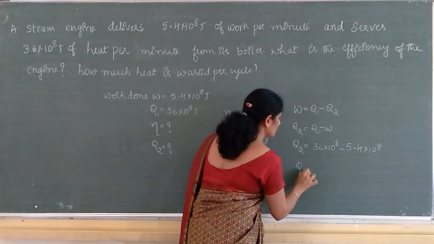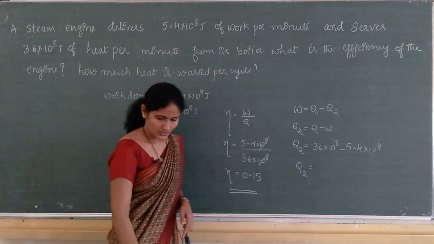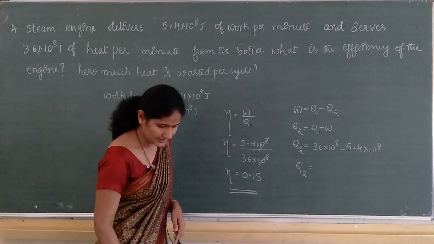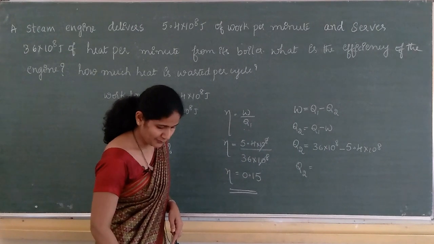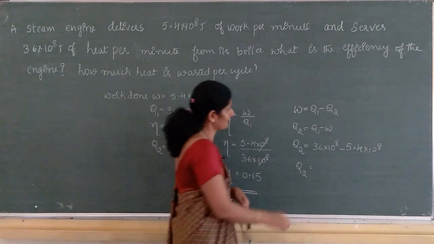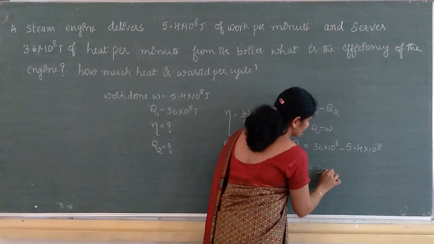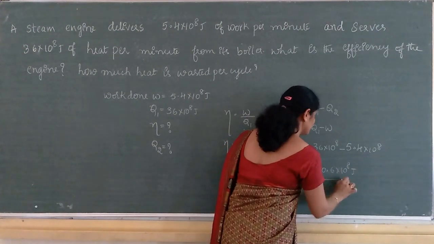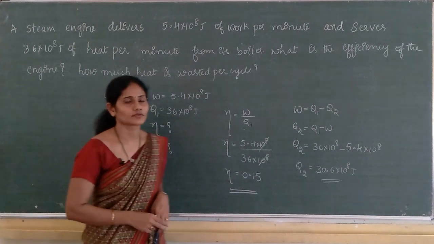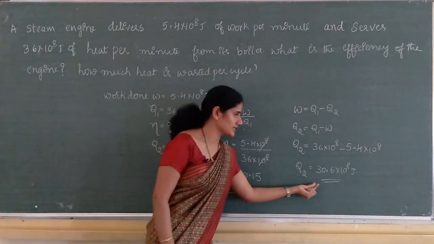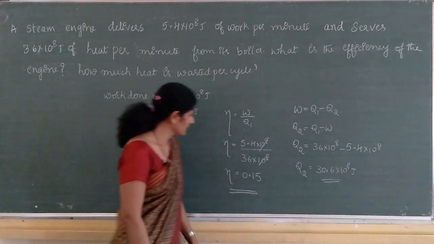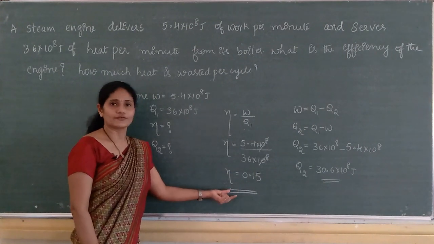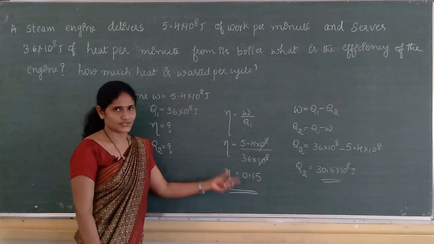So, Q2 is equal to 36 minus 5.4, which is 30.6 × 10^8 joule. So, this much heat is wasted, and this is the efficiency of the engine.